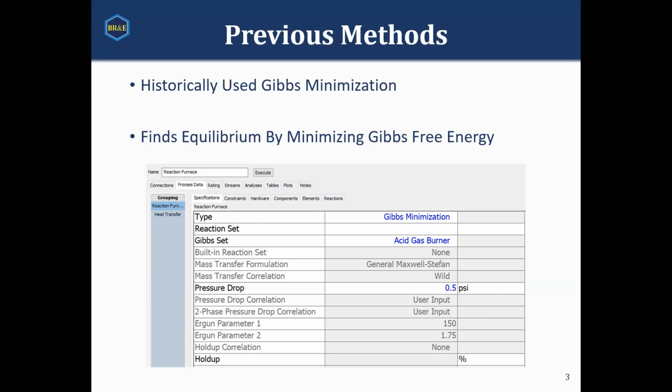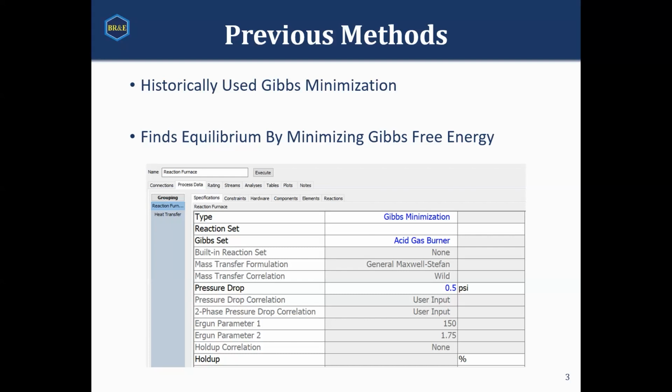If you've ever been to a ProMax training, you may be familiar with it. If you ever modeled SRUs in the past, you would use Gibbs minimization sets to model various things, whether it be your acid gas burner, your Claus bed, that sort of thing. In the screenshot here, we are modeling just that in a reaction furnace, an acid gas burner, using a Gibbs minimization type.